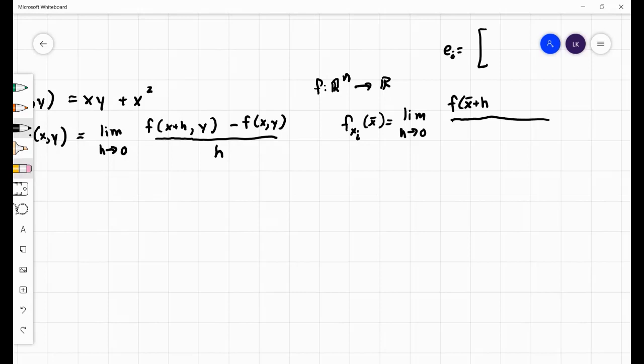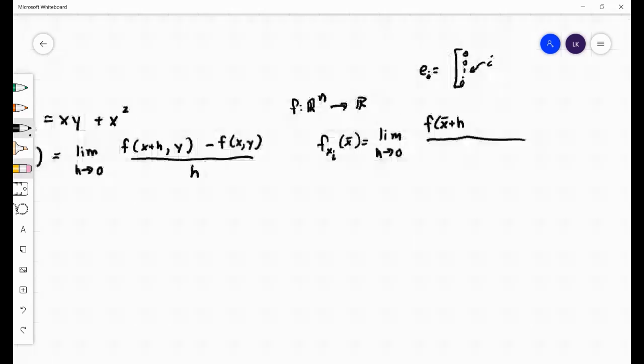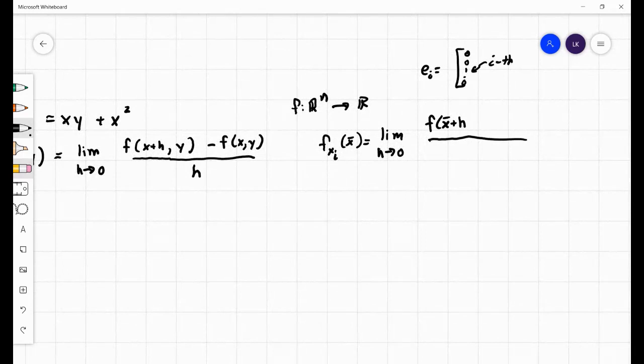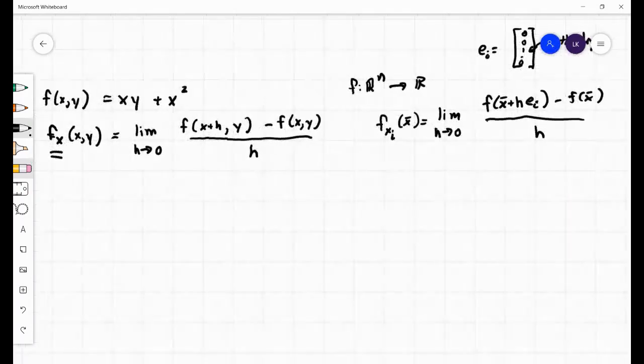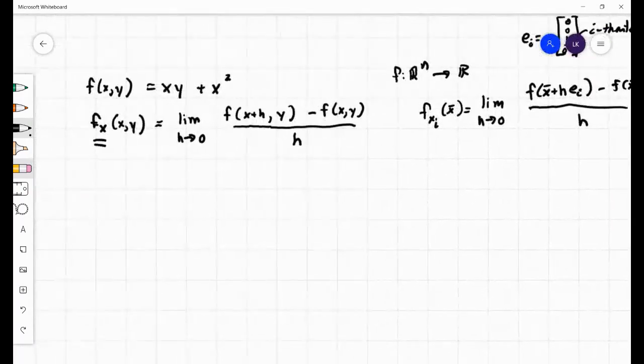So that would be where it's all zeros, right? Except the ith entry is a 1. Minus the function at x, and then you divide by h. Okay. But it's useful to do a simple example, say from R2 into R.